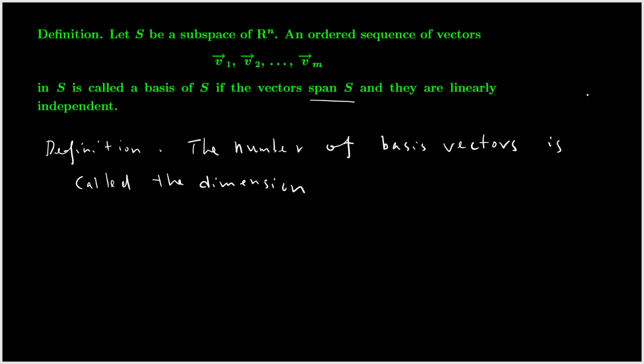There's a standard notation for the dimension of the subspace S. It's denoted DIM for dimension. It's called the dimension of S. Simple.